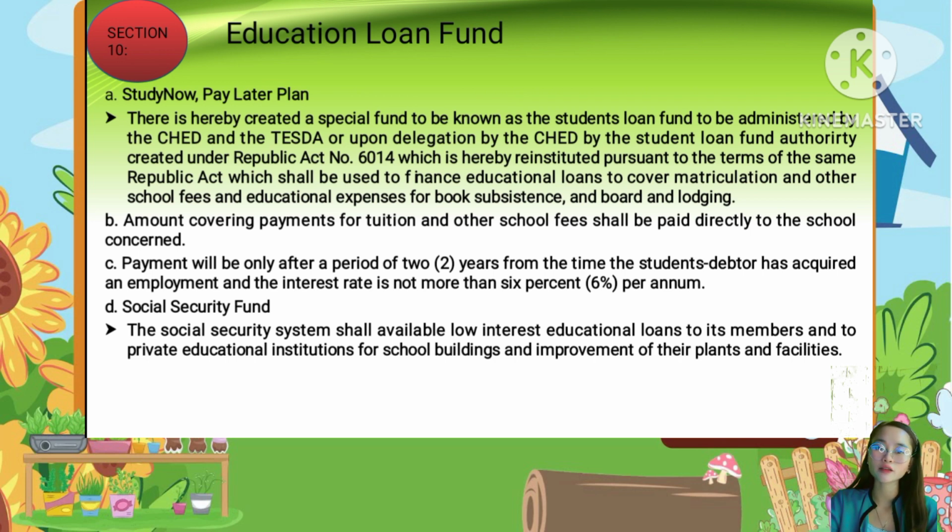As for the Social Security Fund, the Social Security System shall make available low interest educational loans to its members and to private educational institutions for school buildings and improvement of their plants and facilities.